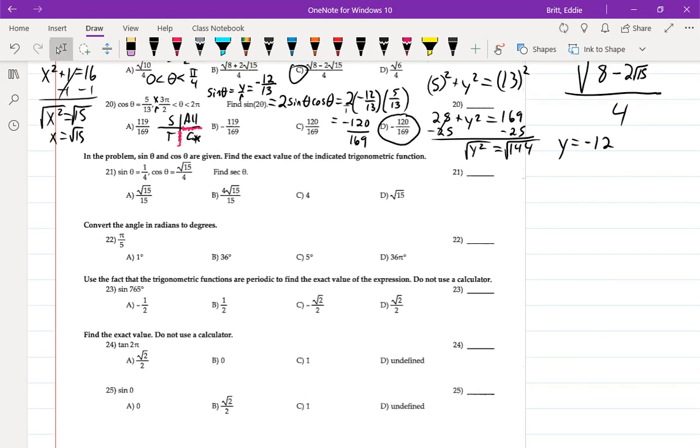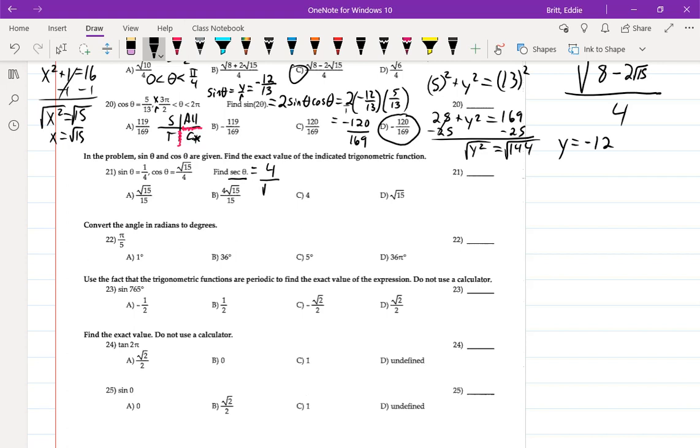The next problem, number 21, really just has too much information, if you look at it, because you want to find the secant of theta, and it gives you what sine and cosine is equal to. Well, remember, secant is the reciprocal of cosine. So all you have to do is take the answer it gives you for cosine and flip the answer.